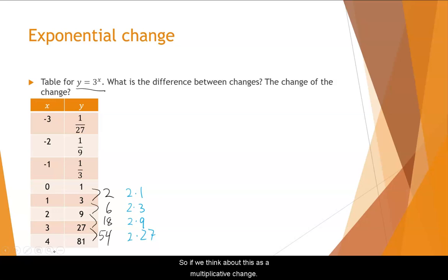Now if we think about this as a multiplicative change, think about how we build the table. We built y equals 2 to the x, not 3 to the x.